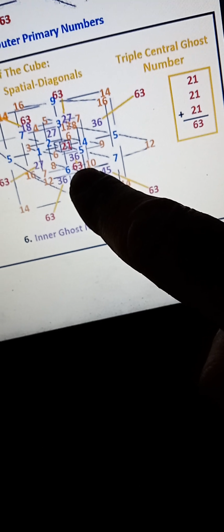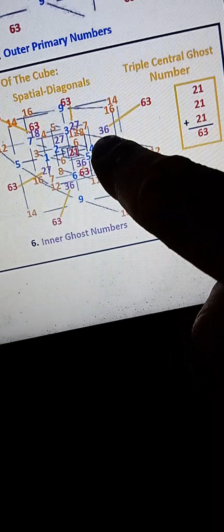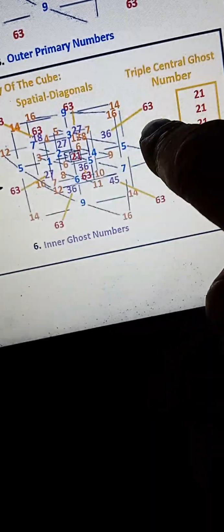So each of these 4 spatial diagonals adds up to 63 on both sides using the commutative property again. 18 and 45 is 63. 27 and 36 is 63. 36 and 27, 63. And 27 and 36 is 63.